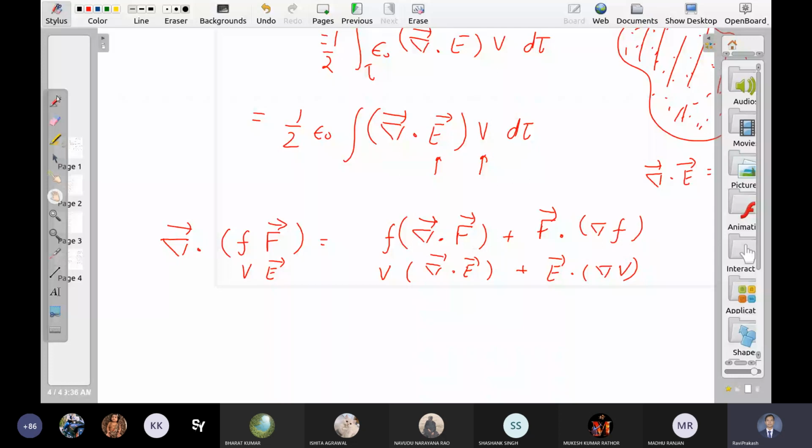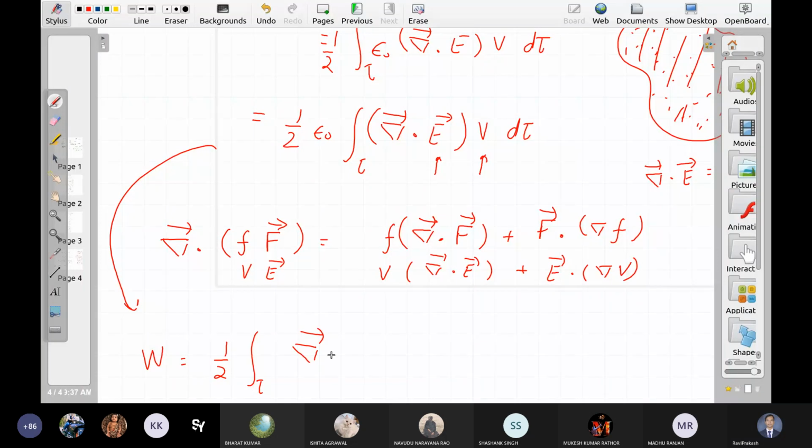So what we get now, W is equal to half epsilon naught volume integral of del dot (V vector E) minus vector E dot del V over the volume.